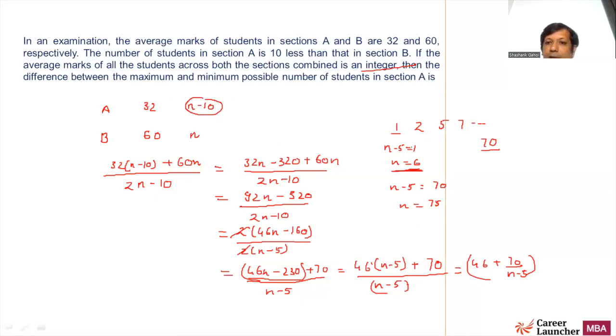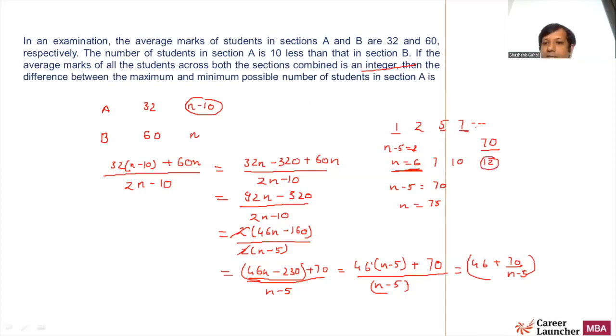So if I take this as 2, I am going to get a value of 7 here, not acceptable. If I take n minus 5 as 5, so n becomes 10 itself. Now, if I take 10, the number of students in A is going to be 0. Again, that's not acceptable. So I am going to take n minus 5 is equal to 7. So n becomes 12.